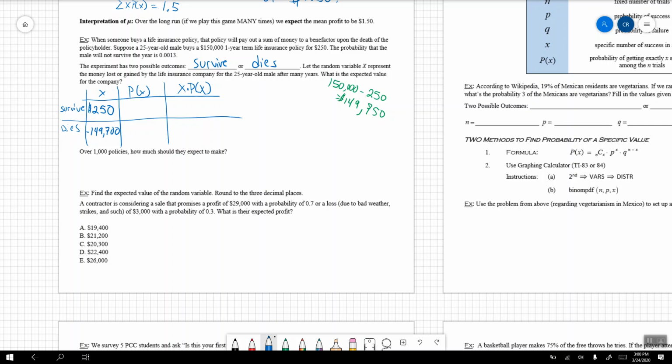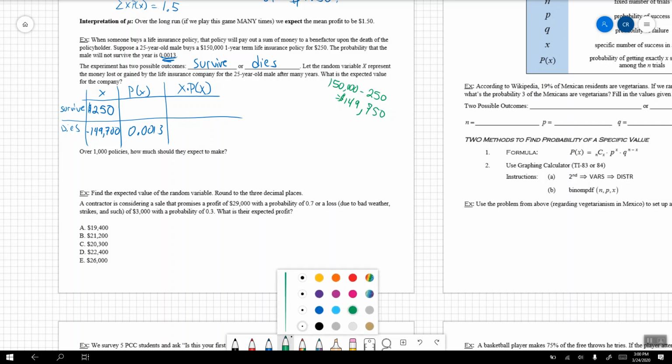Now back to the probabilities. What's the probability that the male does not survive? That probability is 0.0013, and that was given right above. Now we're going to use the complement of that. The complement means that the male survived, so we just do 1 minus that probability.